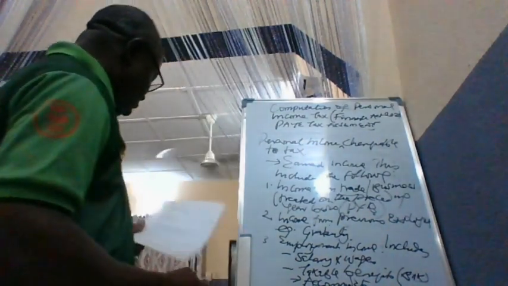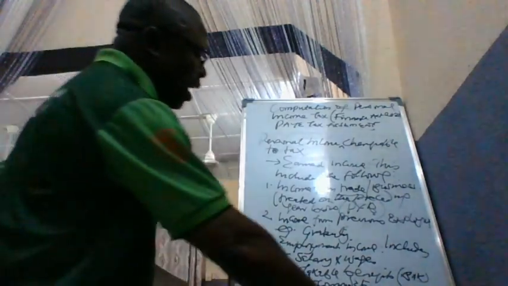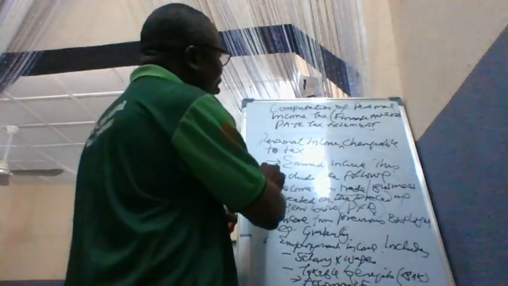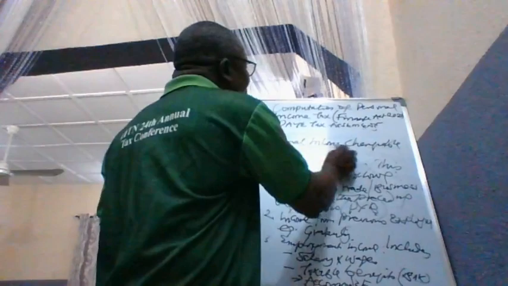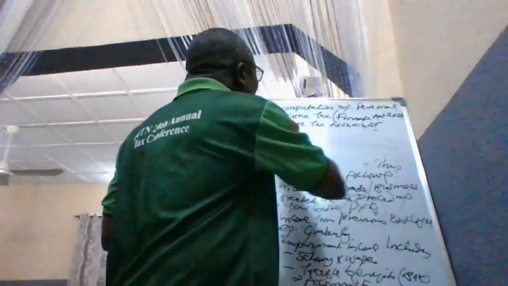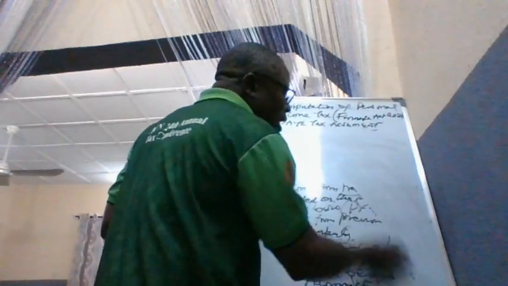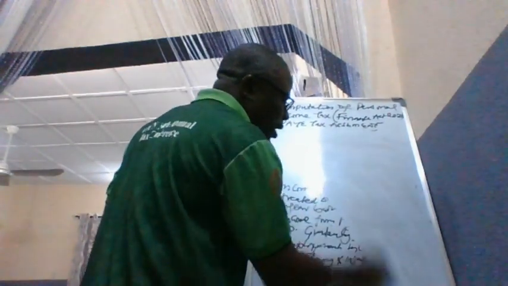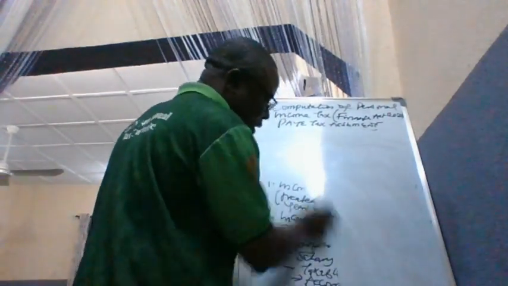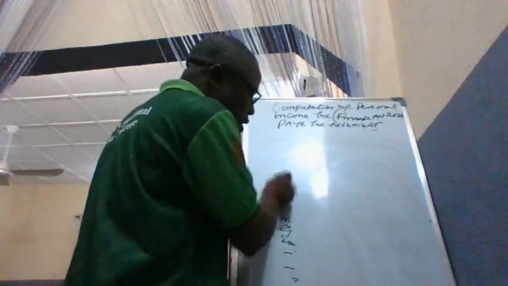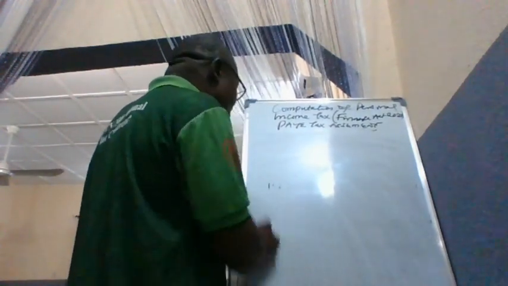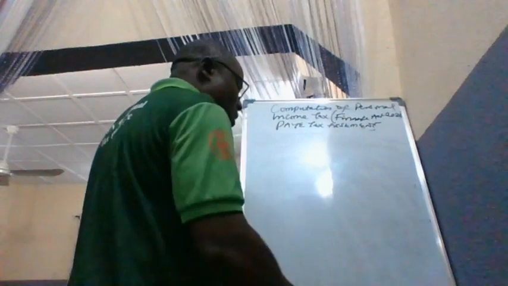Then we look at unearned incomes. Unearned income is different from earned income. These are the income that comes in from the investments that this employee invested in.